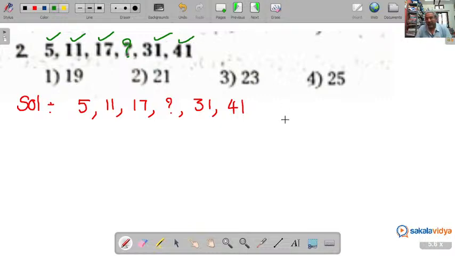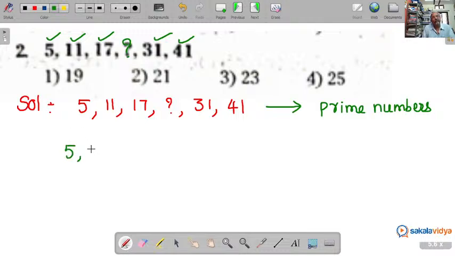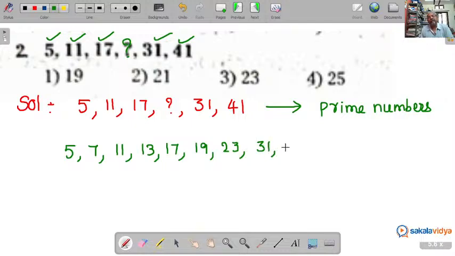Again they are prime numbers, but they follow some pattern. Let us write down the prime numbers here: 5, 7, 11, 13, 17, 19, 23, 29, 31, 37, 41.